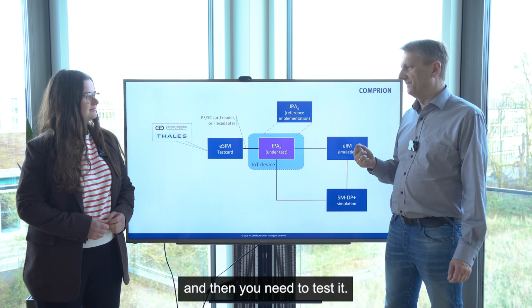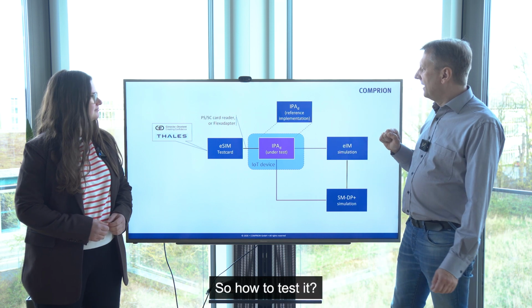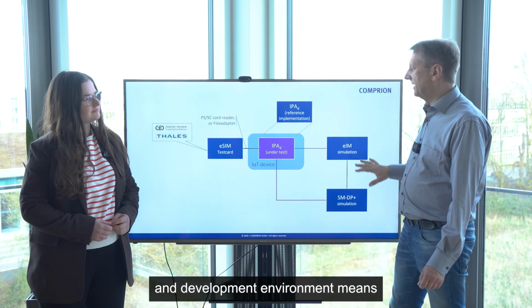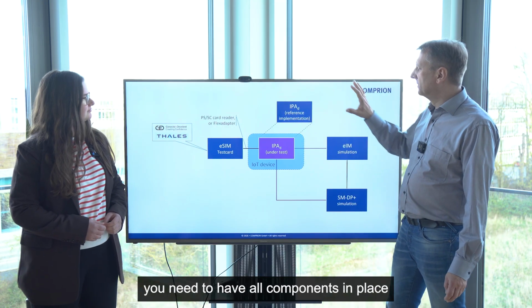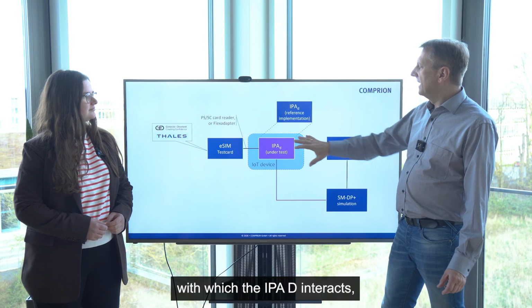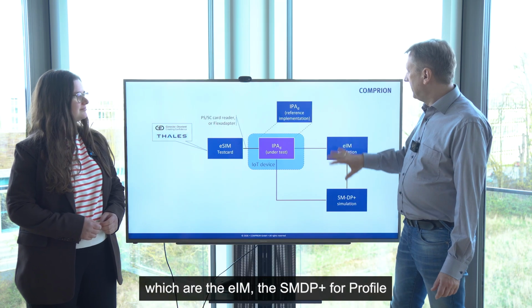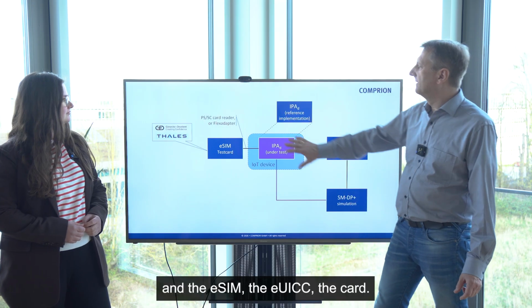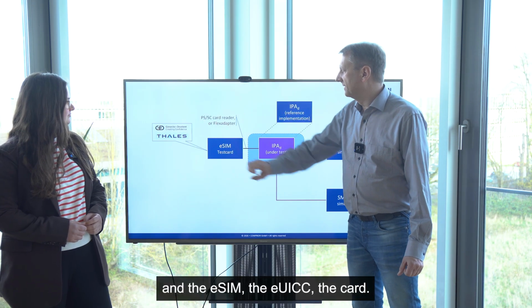And then you need to test it. So how to test it? Again, you simply need an end-to-end test and development environment. You need all components in place with which the IPA-D interacts: the eIM, the SM-DP+ for profile downloading, and the eSIM, the eUICC, the card.